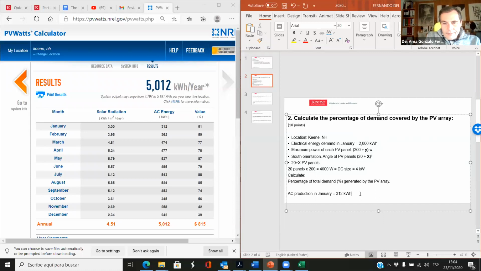The percentage covered by the PV array. When we have to calculate the percentage, it's always the same. We multiply 100 times the production, 312, divided by the total, which is 2,000.